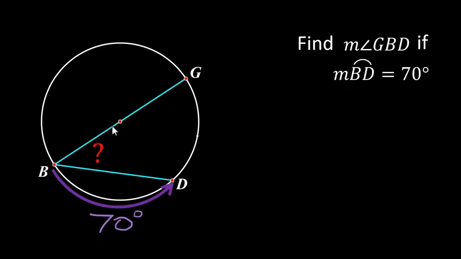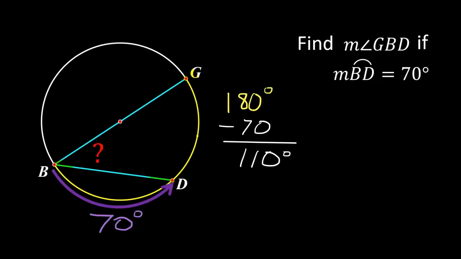And a diameter cuts a circle in half. So we do know that this arc that goes around the circle from B to G is a semicircle, and that is 180 degrees. We already know that part of it is 70 degrees, so let's subtract that. And so the arc from D to G is 110 degrees. That's not the answer because we have to go back to the angle.